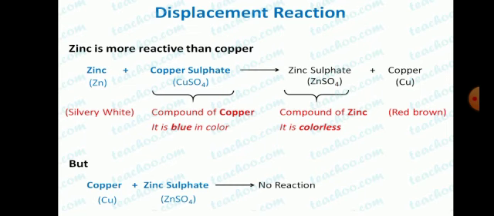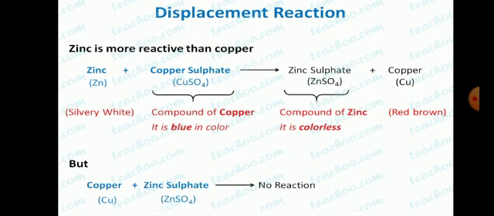But if you take the second equation, that is copper plus zinc sulfate, there will be no reaction, because the equation is already displaced: copper is in its correct place with zinc sulfate, that is ZnSO4. So this is all already correct.